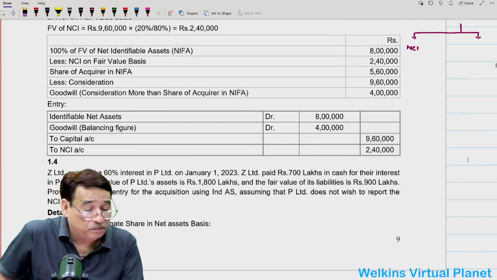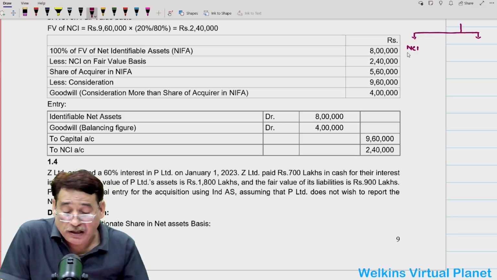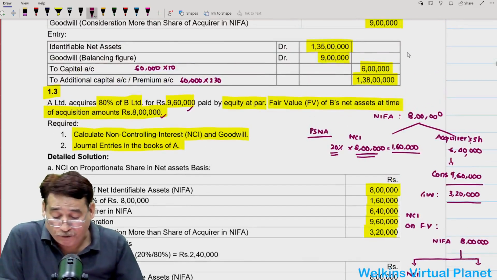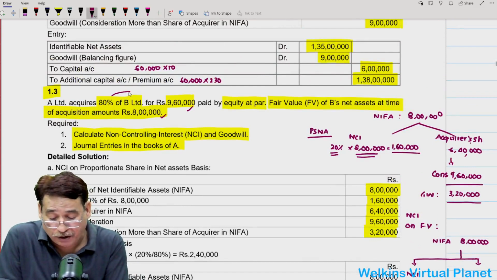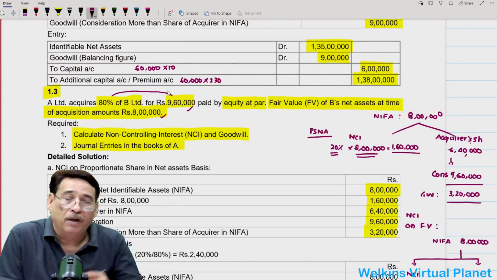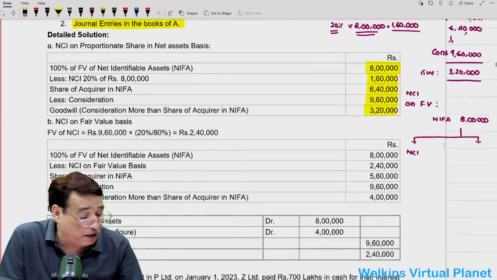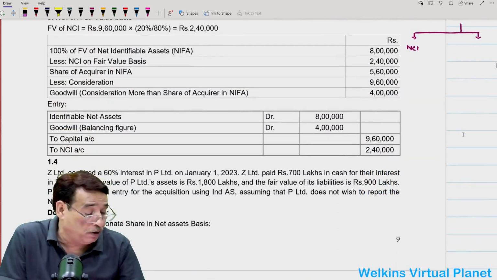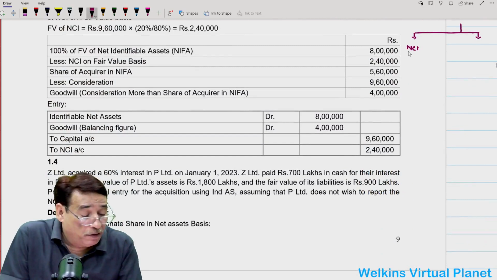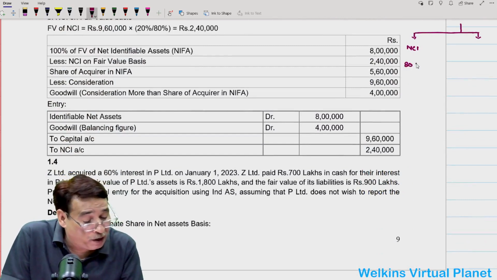See here. Initially in the question it was stated that we paid 9,60,000 to get 80% share. In order to get 80% share of the acquiring company, we actually paid 9,60,000. Isn't it? So for 80%, the amount paid is equal to 9,60,000.